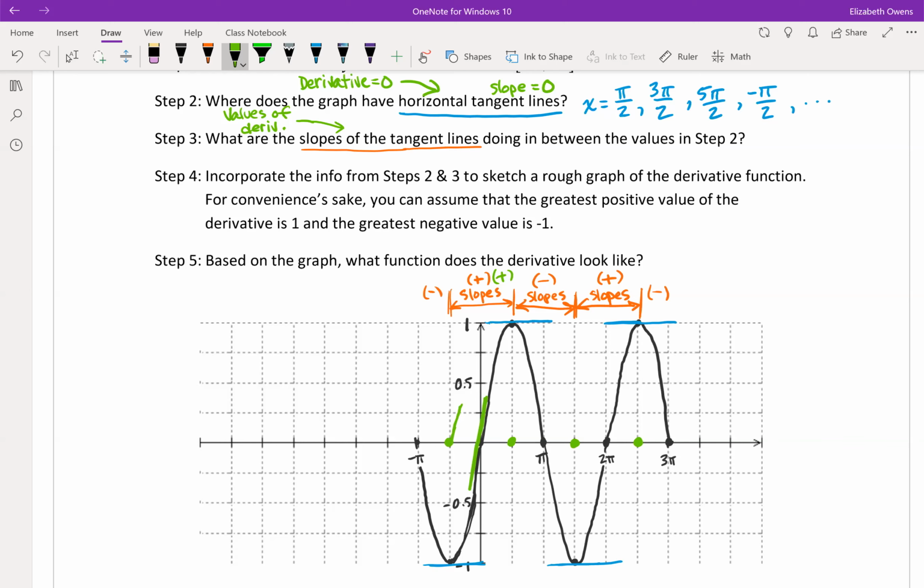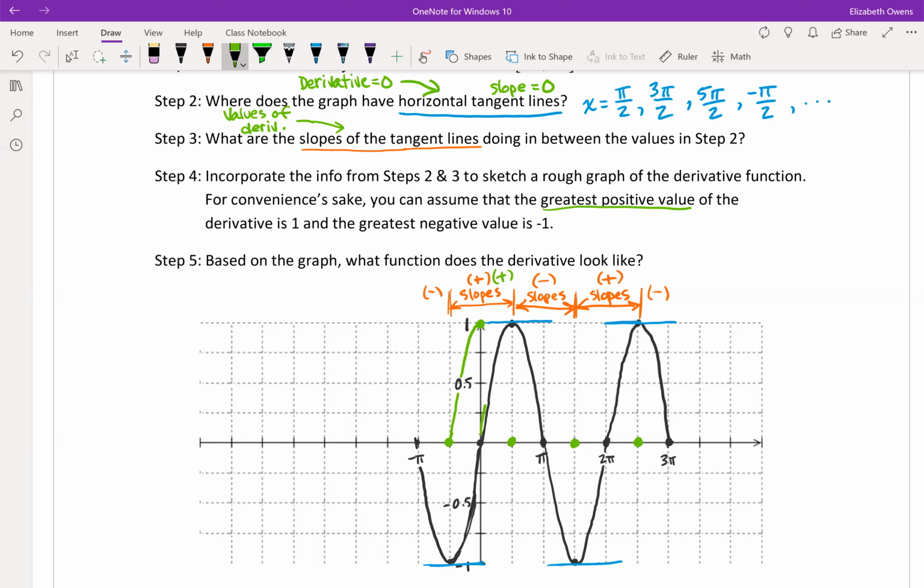So we'll assume that we hit our greatest positive value of the derivative, that 1, at that point right in the middle there. Our slopes are positive, increasing up to that value of 1.